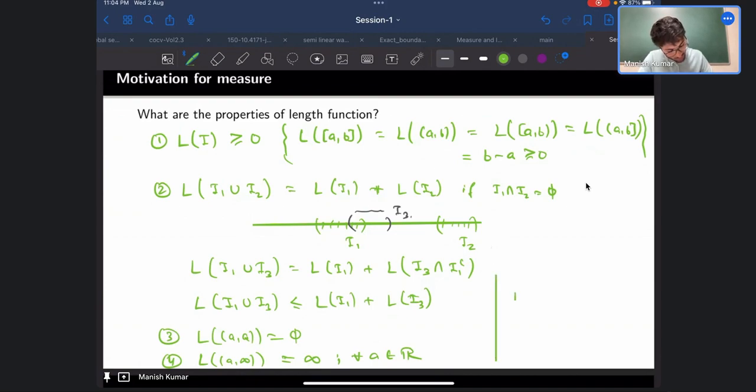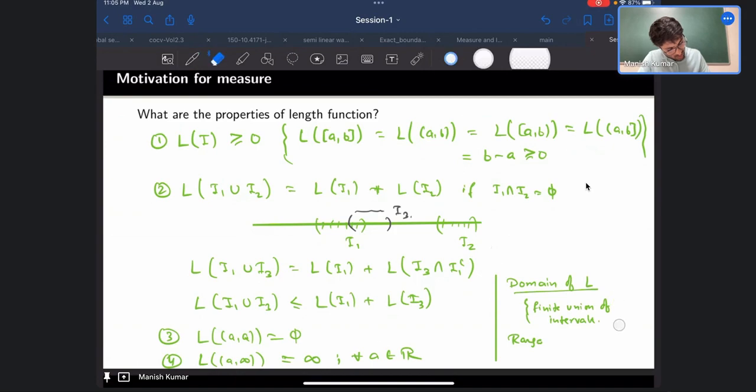So for the length function, let us first make sense of what the domain is. The domain of L will be the collection of finite unions of intervals. And what will be the range of L?